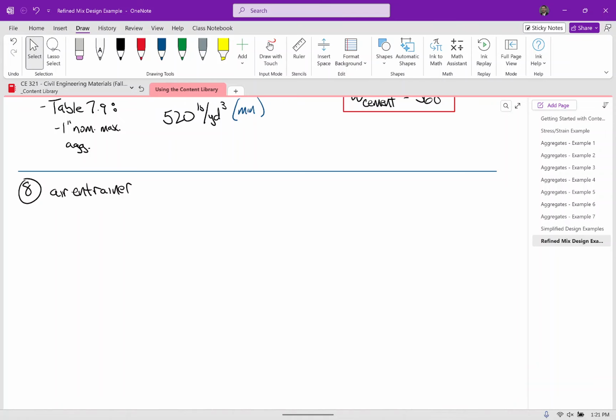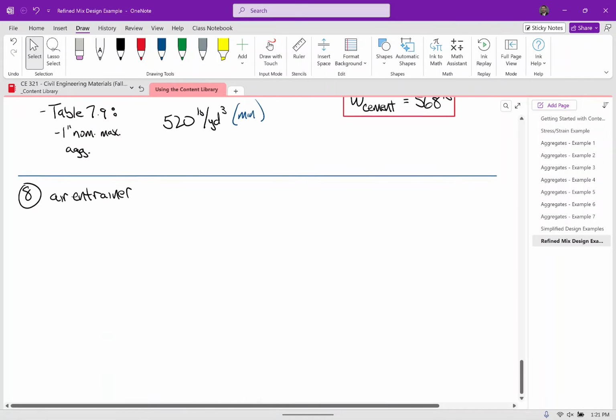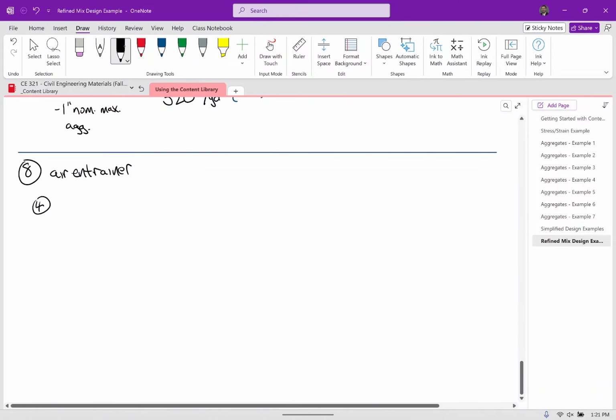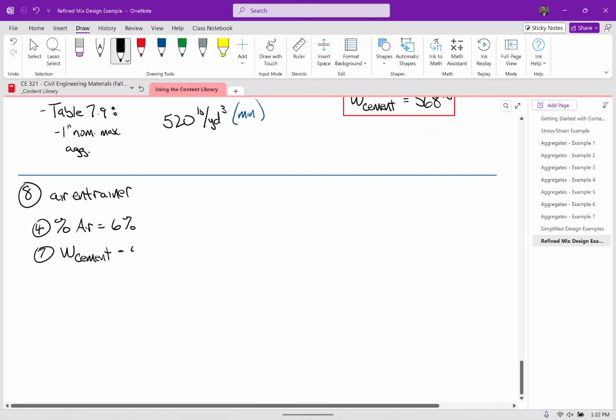Step 4. What was the percent air for this problem? 6%, and that came from step 4. We have the weight of the cement from step 7, and that is 568 pounds.